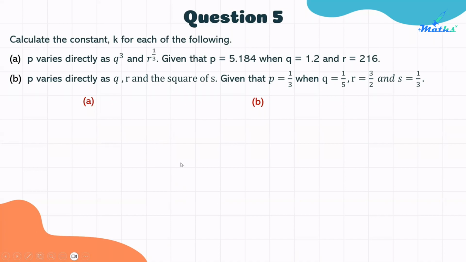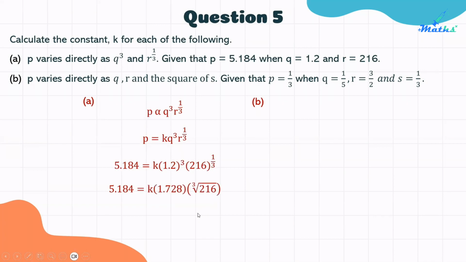So the equation form is P equals k Q cubed R power 1 over 3. Our P is 5.184, our Q is 1.2, and our R is 216. So solve it and find our k. So our k will become 0.5.